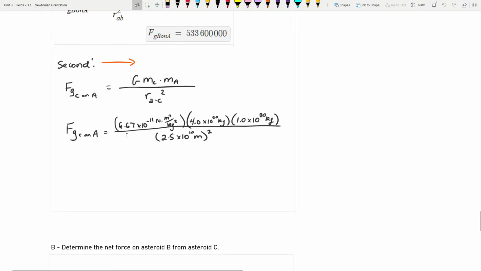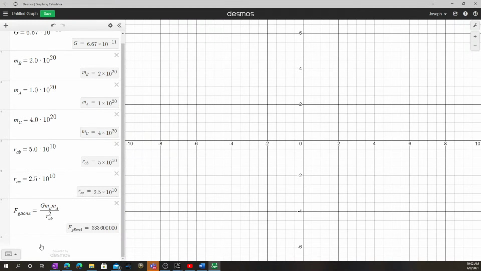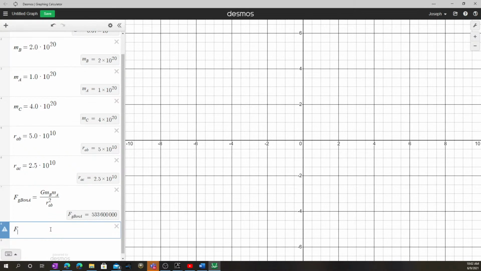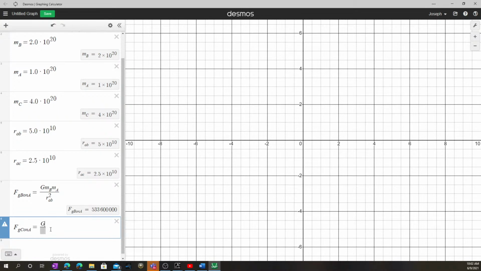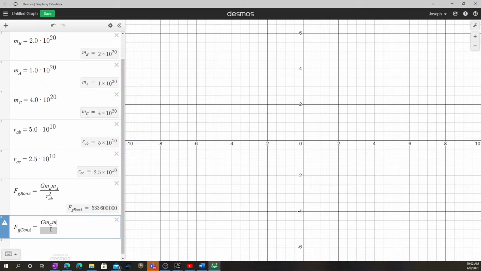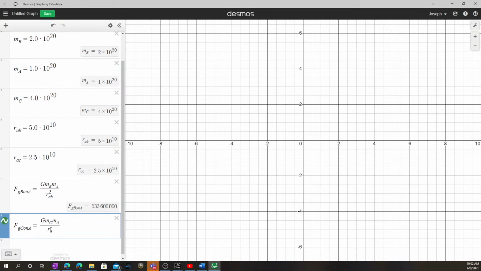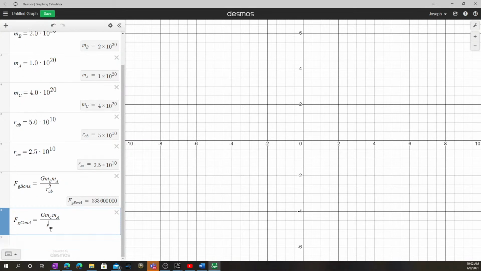Okay, now again, let's actually calculate it. We can say F G C on A. And again, we can say gravitational constant, this time the mass of C, multiplied by the mass of A, divided by the radius of AC. And we need to remember to square it. And there we go.